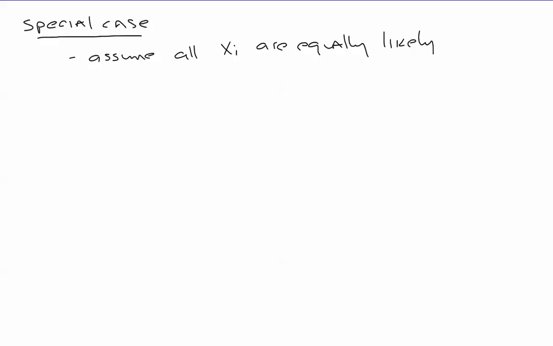That's a limited special case, but it'll yield an interesting result. If that's the case, then the probability that x equals x sub i equals 1 over n. And of course we're assuming here that there are n values of my discrete random variable x. If each value is equally likely, then the probability is simply 1 over n.